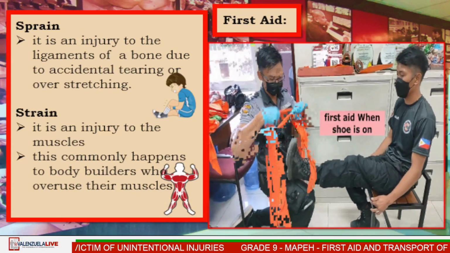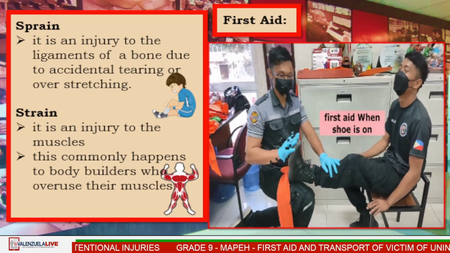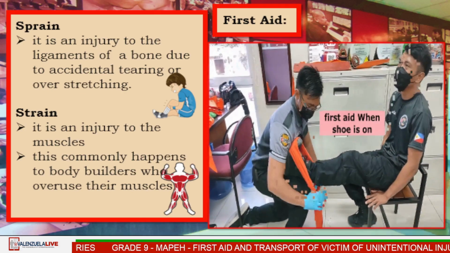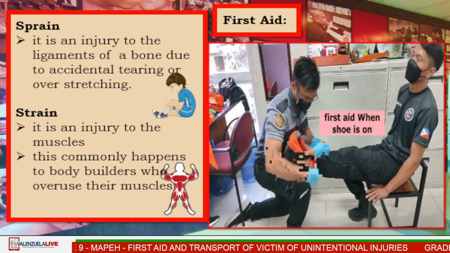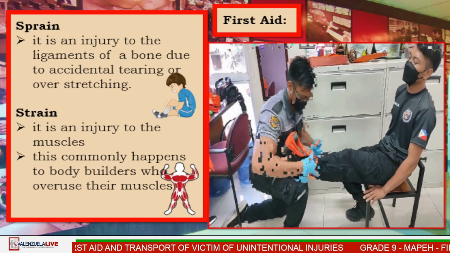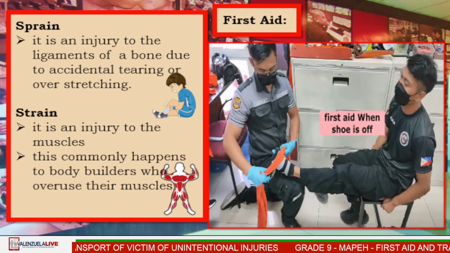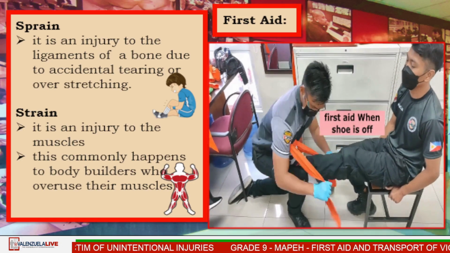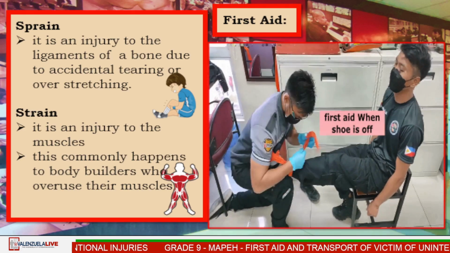First aid technique. For muscle cramps on the foot, you may use a triangular bandage as first aid, but for sprain, you must apply RICE. Rest the injured part so it will be relaxed.